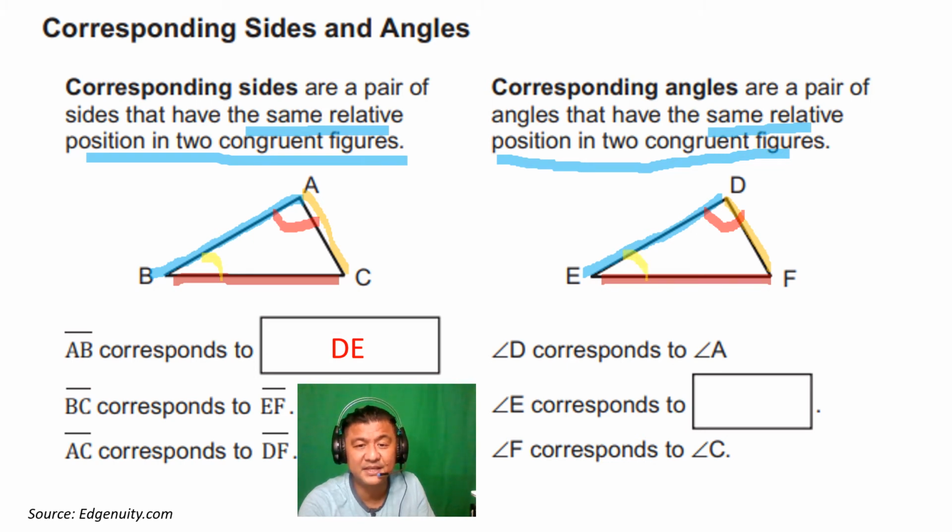Angle B. There you go. And the other one, let's use the blue. Angle F, this one, matches or corresponds to angle C. There you go. Perfect match. Correspond.